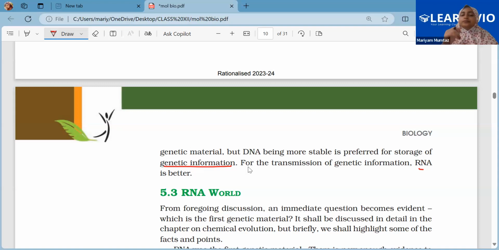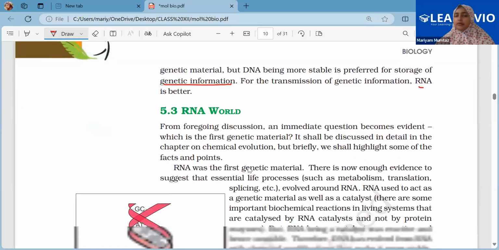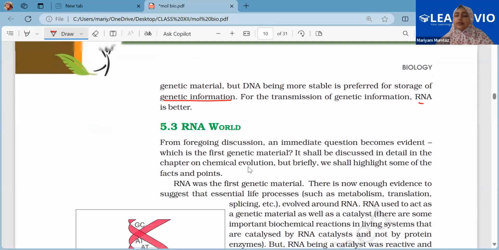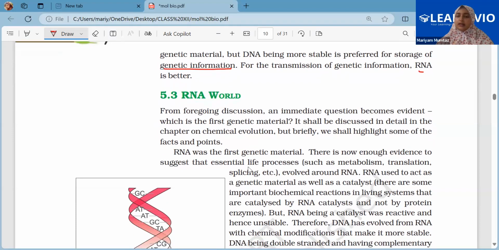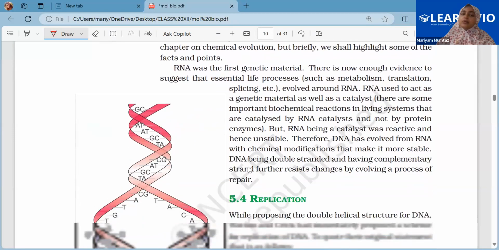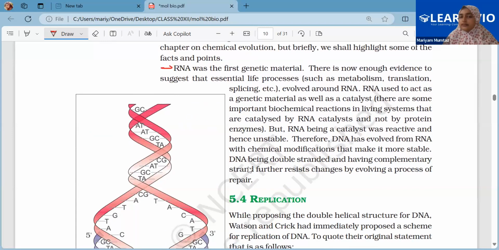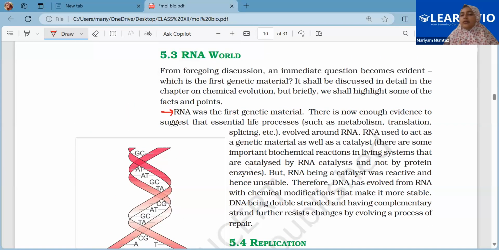Now talking about the RNA world. From the foregoing discussion, an immediate question becomes evident: which is the first genetic material? It shall be discussed in detail, but we should know that RNA was the first genetic material. There is now enough evidence to suggest that essential life processes such as metabolism, translation, that is the process of formation of protein, and splicing evolve around RNA.